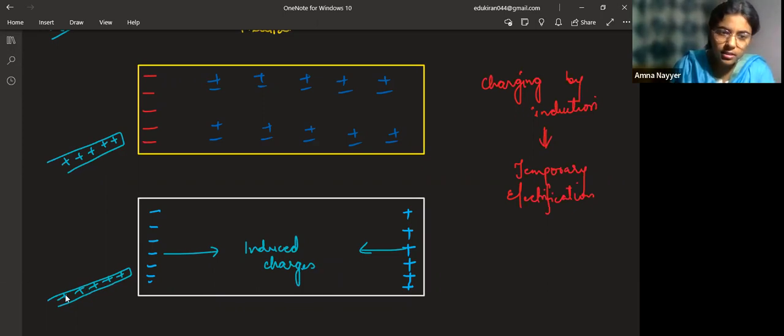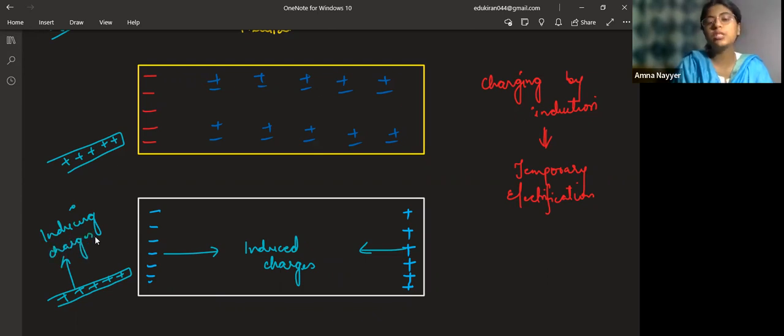And the charges that are held by the glass rod, these are inducing charges. Inducing charges make the other charges induced.